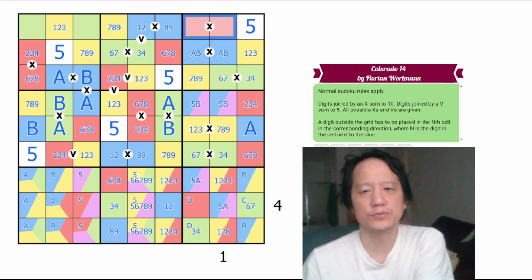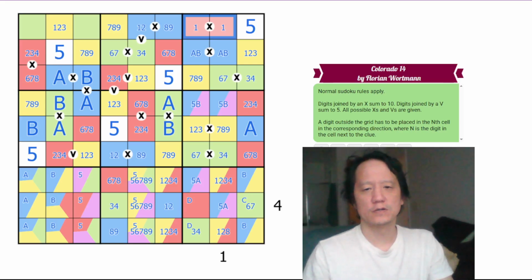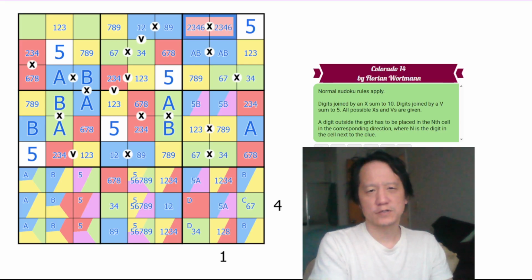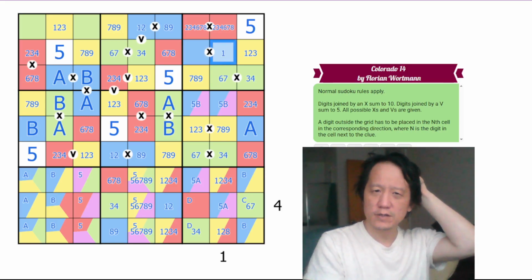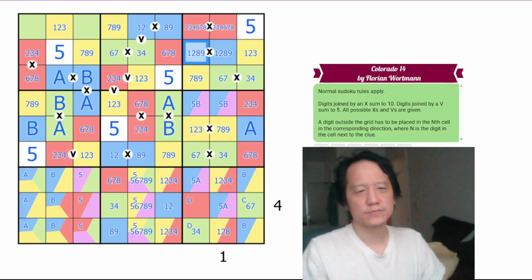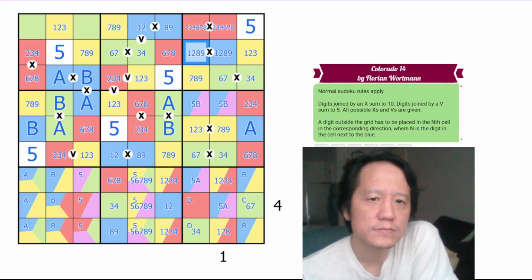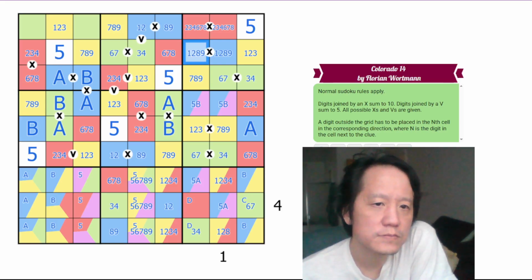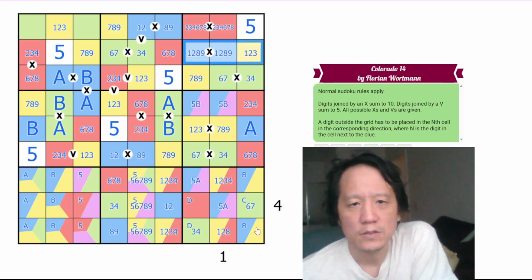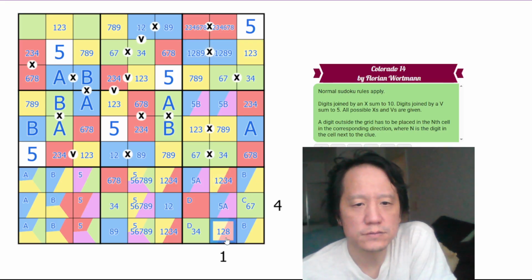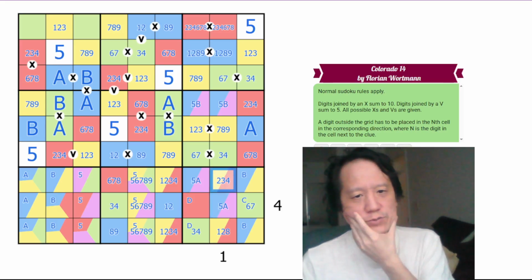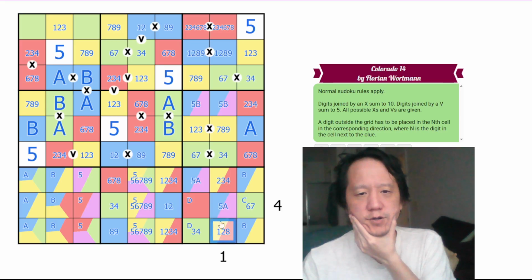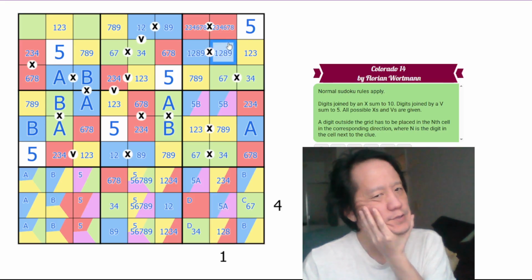So this is 2, 3, 4, 6, 7, 8. This is 1, 2, 8, 9. This can't be 1. So this is 2, 3, or 4 here, right? 1 could be either of these or 8.